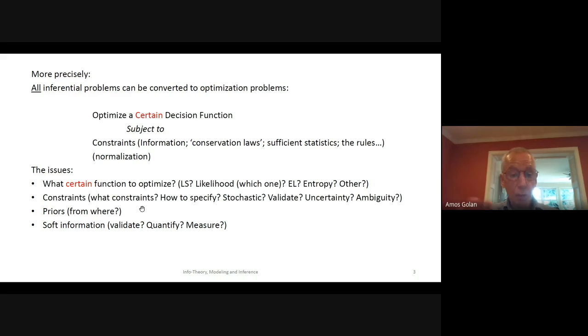Okay, so this is the basic idea of converting the problem from underdetermined with multiple solutions to a well-behaved determined one. Because if you have a well-behaved objective function, it's trivial to argue that if you put it as a constraint optimization, then this decision function chooses a unique solution.